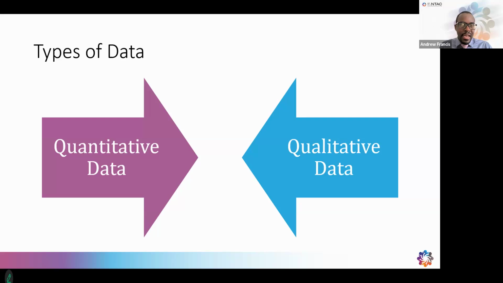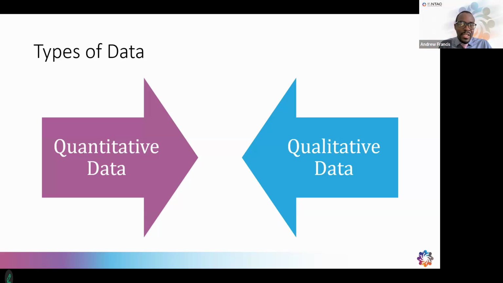The next type of data would be our qualitative data, which really gives us insights into the experiences and the perceptions, right? How do students feel about the program? How do family members feel about the program? How do the members of the community feel about the program and its activities, its offerings, right?